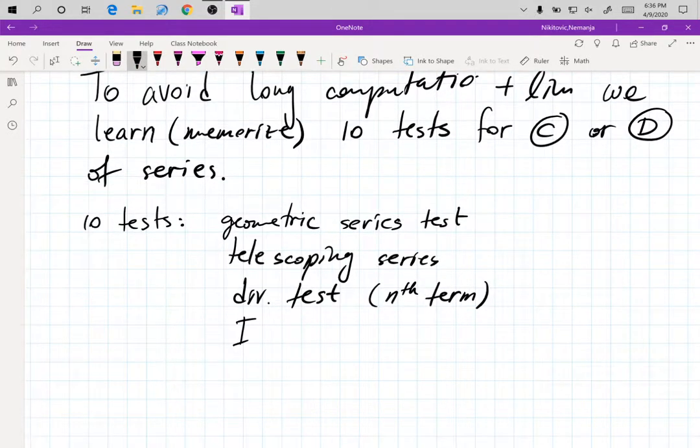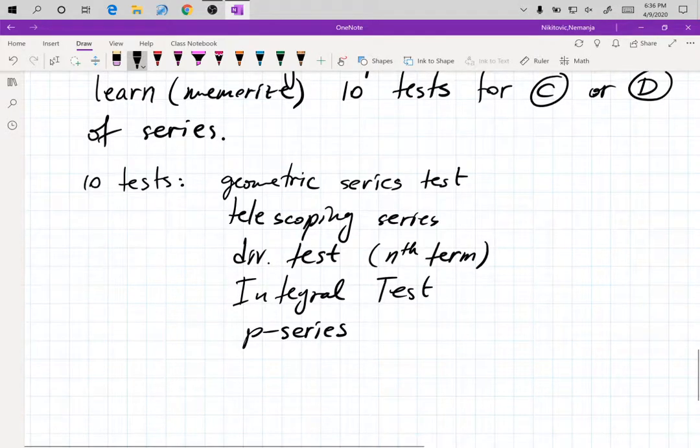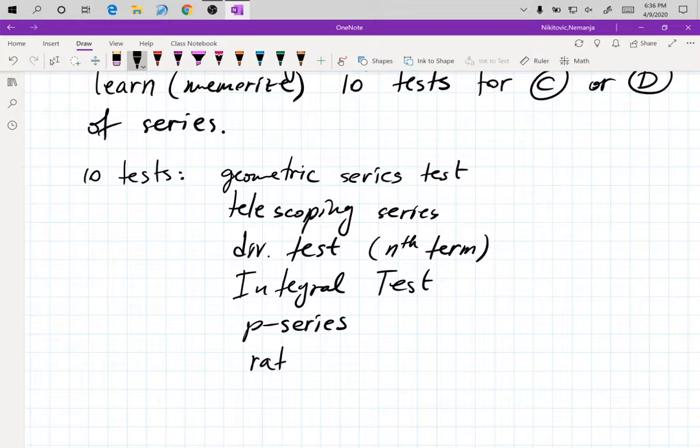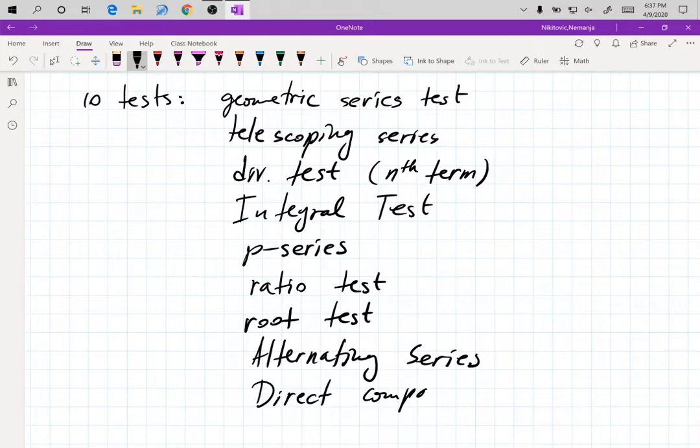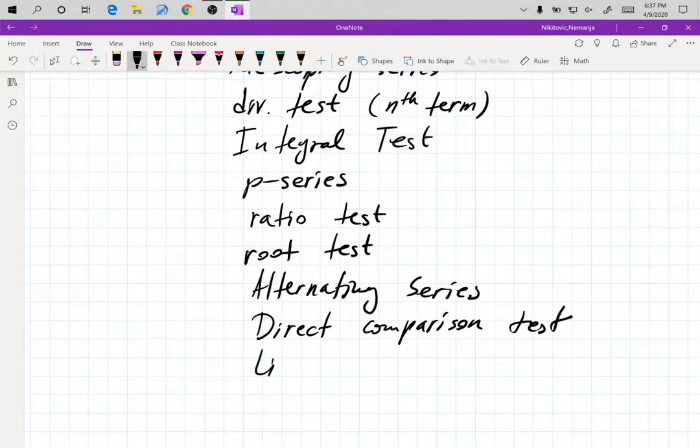We have integral test, p-series, we have ratio test, root test, alternating series, and two comparison tests, direct comparison and limit comparison.